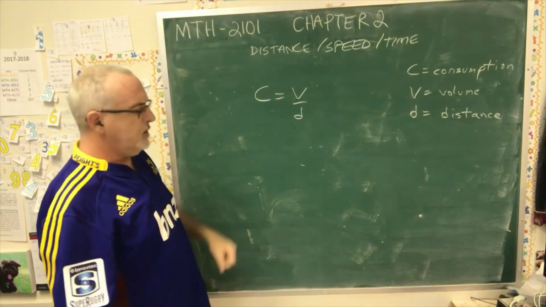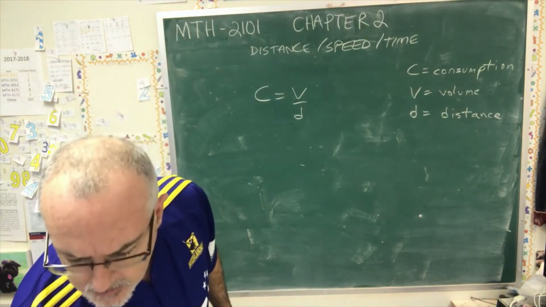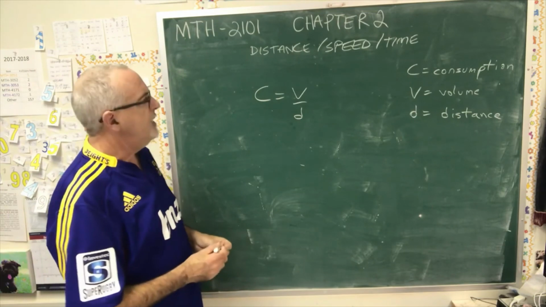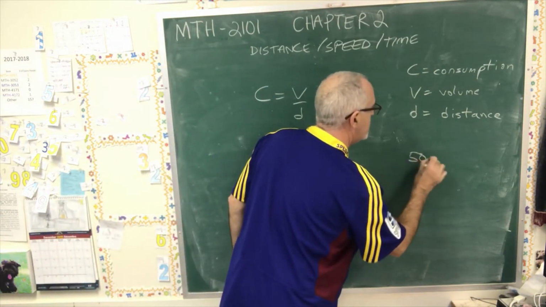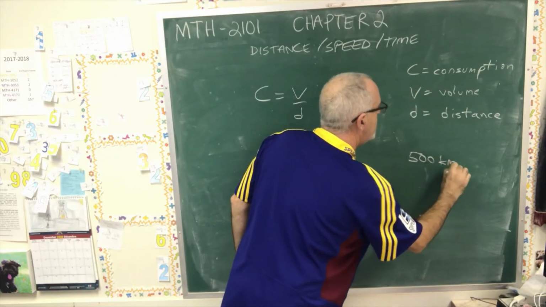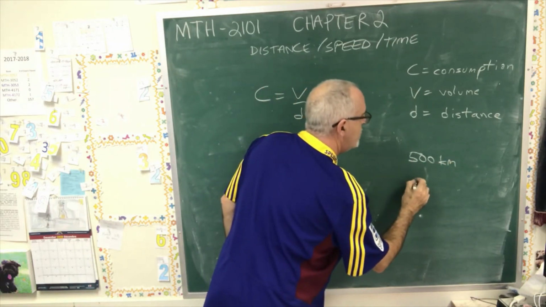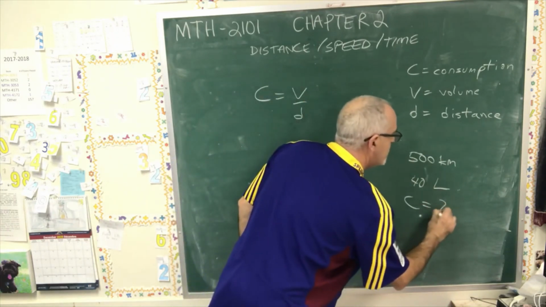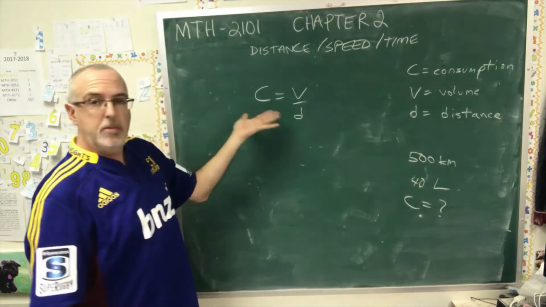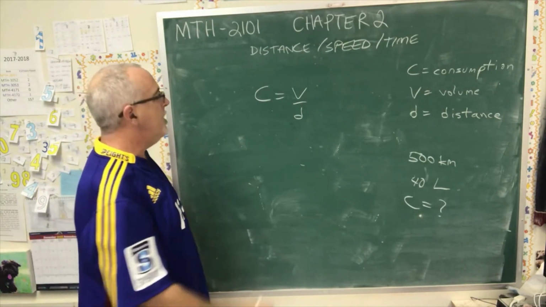So consumption equals volume divided by distance. Let's do an example. We're going 500 kilometers. We used 40 liters to do it. What is the gas consumption? Okay, so we're plugging in. It's very similar to the distance, speed, time formula.